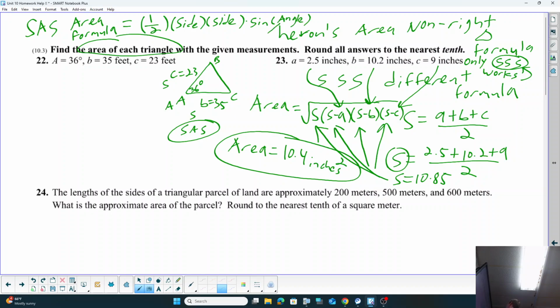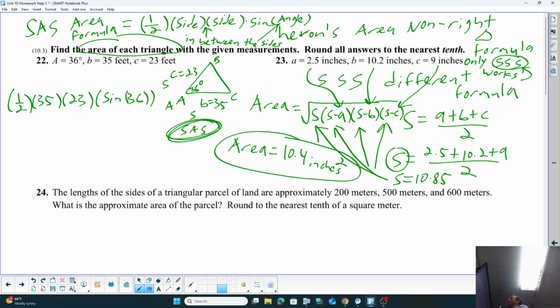Now that angle has to be in between the sides. It's got to be side angle side. Okay, so here it is: 1/2 times 35 times 23 times sine of 36.